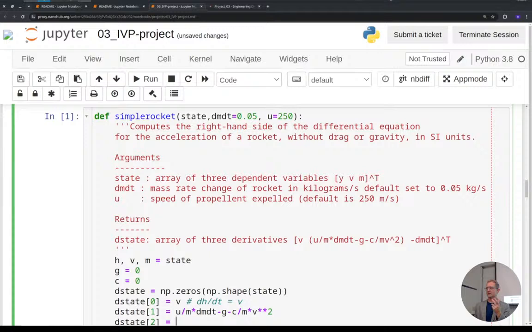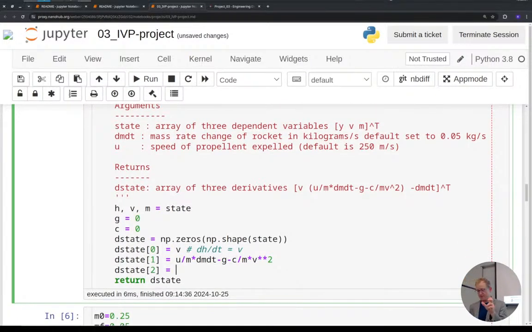What's the dm dt for the last one? Start at 1 kilogram, burning 50 grams per second. What do I have after 1 second? 950 grams. Yeah, so it's got to be minus.